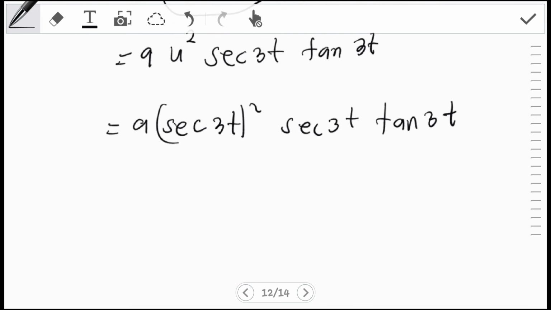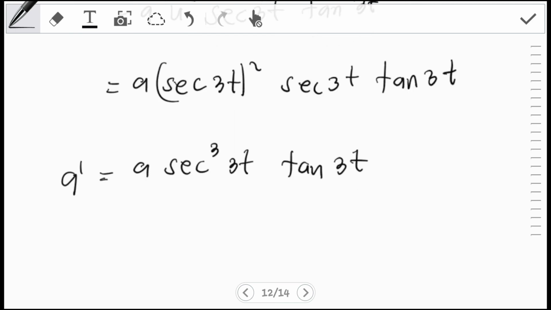Okay? So, or 9 times secant cube 3t tan 3t. Okay, so the final answer is q prime is equals to 9 secant 3t to the power 3 tan 3t.